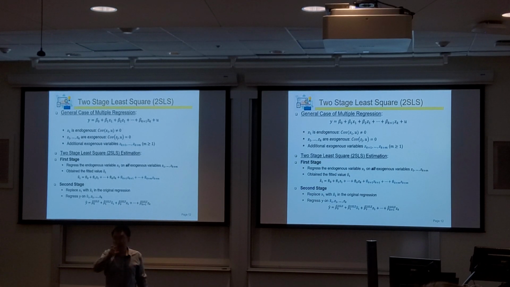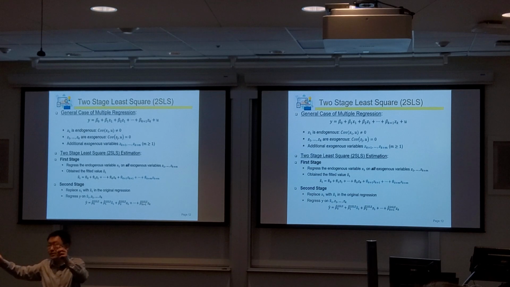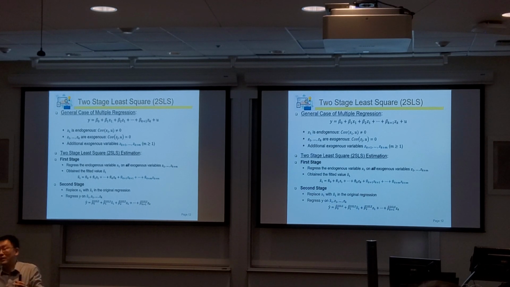First, we need to find some IVs, at least as many IVs as the number of endogenous variables. So when we only have one endogenous variable, we need to find at least one IV. And then we run the two-stage least squares approach. In the first stage, we regress this endogenous X on all the exogenous variables, including the original exogenous variables from the original regression, plus the instrumental variables that I found.